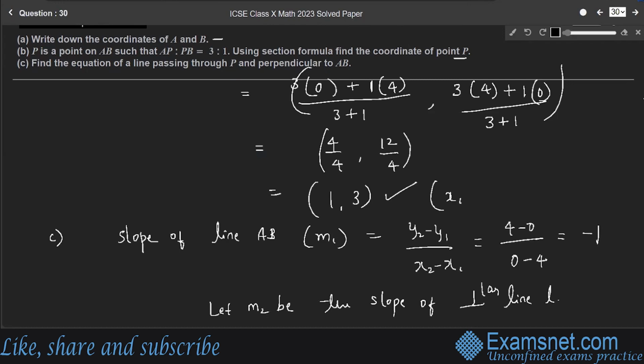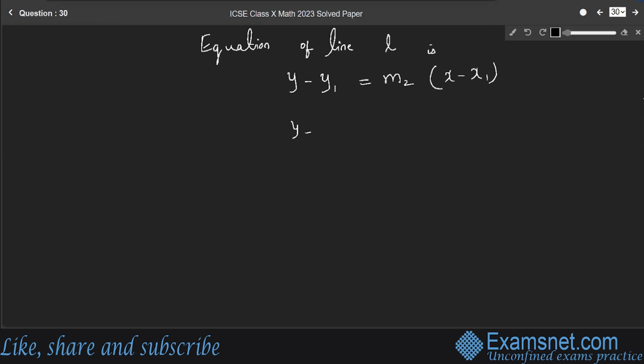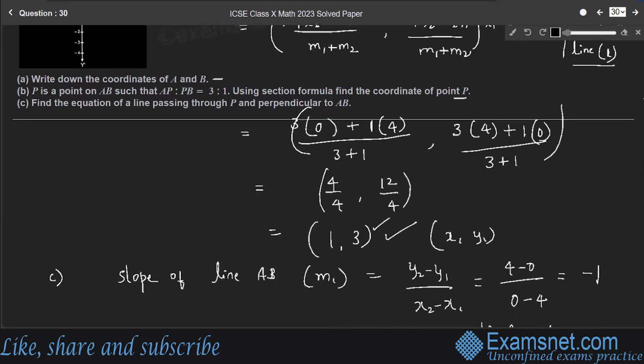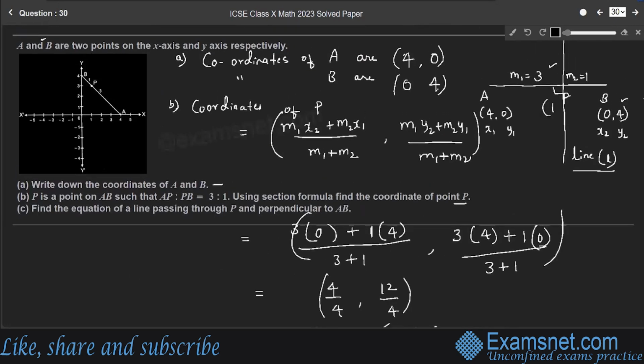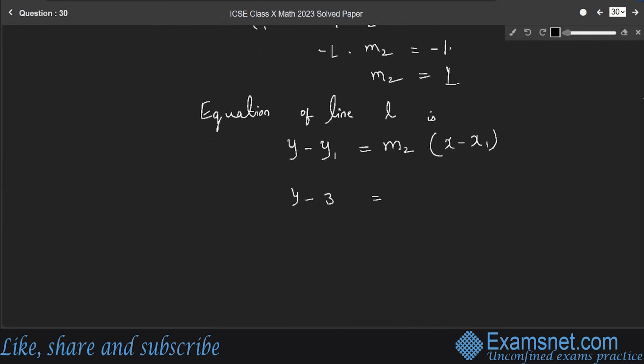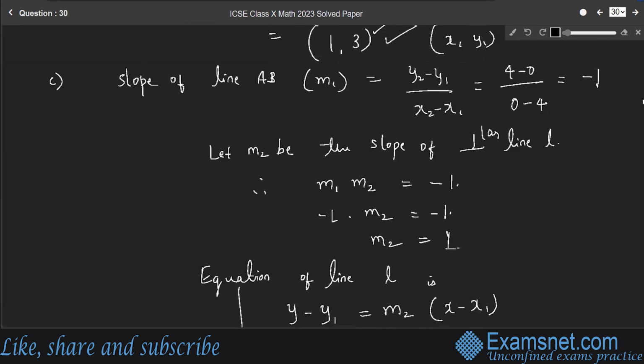Point P has coordinates (1, 3). Therefore, y minus y1 is y minus 3, equal to m2 is 1 into (x minus x1 is 1). Therefore, y minus 3 is equal to x minus 1, or you can write it as x minus y plus 2 is equal to 0. So this will be the equation of line L, which is perpendicular to AB.